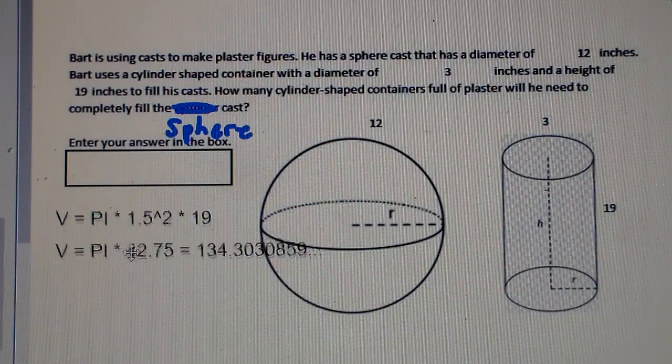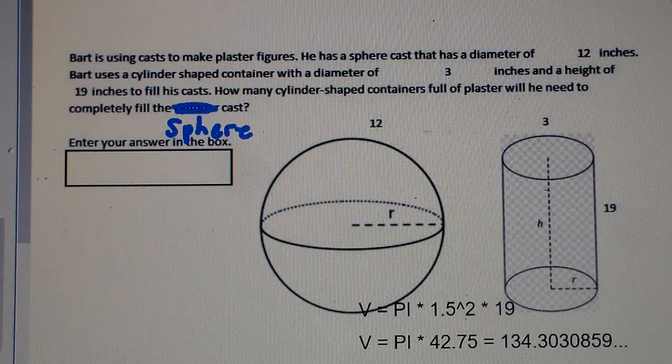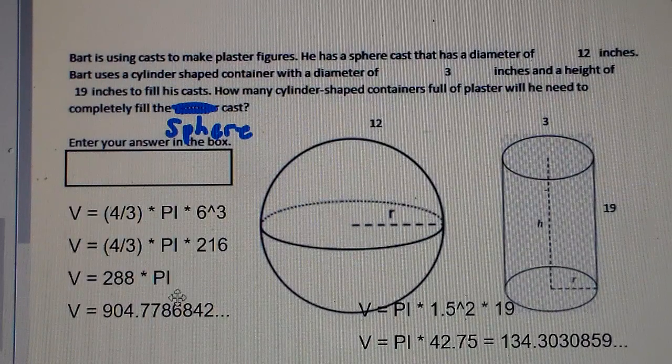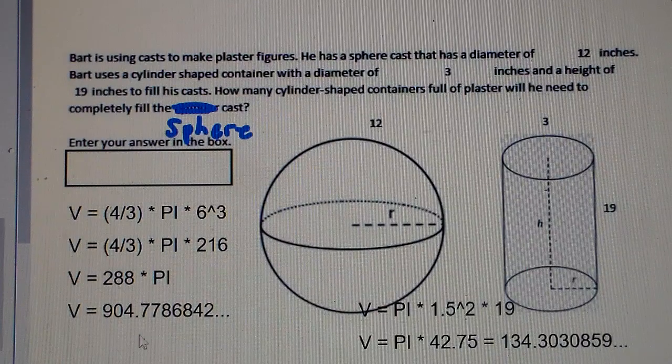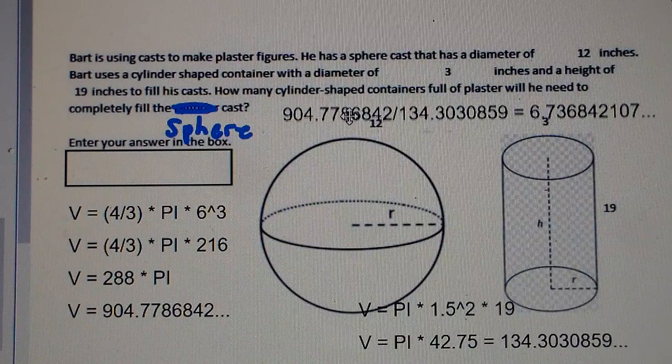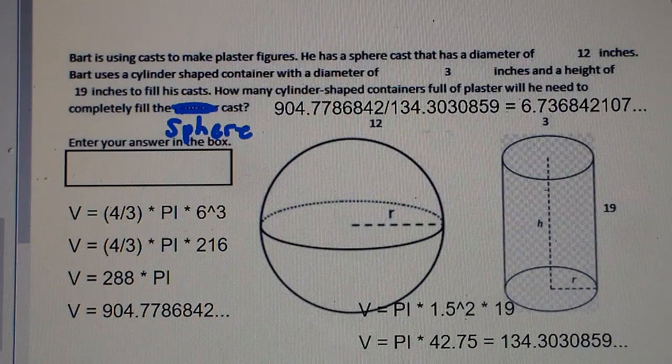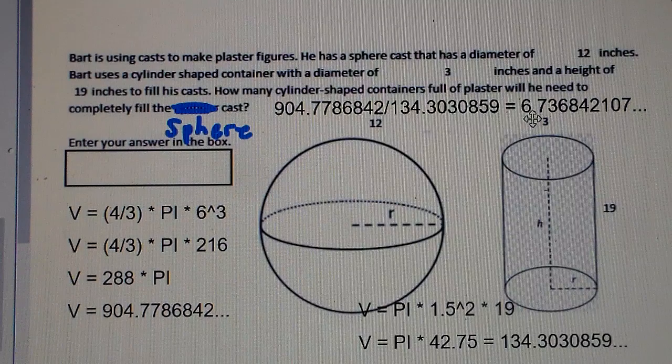I'm sorry, the volume of the cylinder, 134.303. The volume of the sphere, which is just like we practiced before, is 904. So how many of these cylinders are going into the sphere? Well, you divide it out, like you see there. 904 divided by 134, we're going to get 6.7 dot dot dot, an irrational number. And that's how many cylinders could go in that sphere to fill it up.